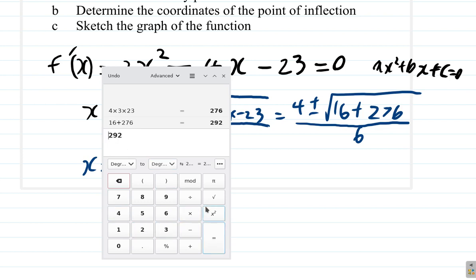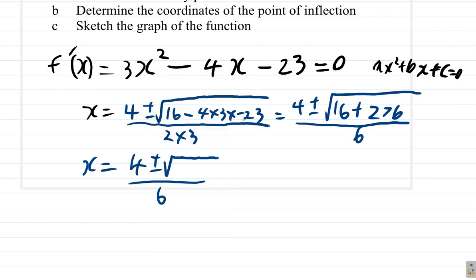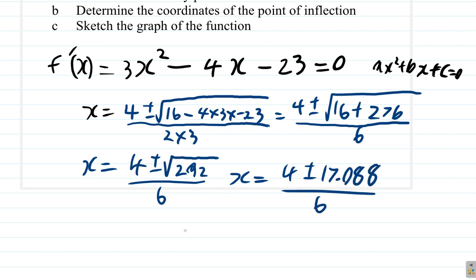And we're going to have to find the square root of 292, which is 17.088. So x is going to be 4 plus or minus 17.088 over 6.